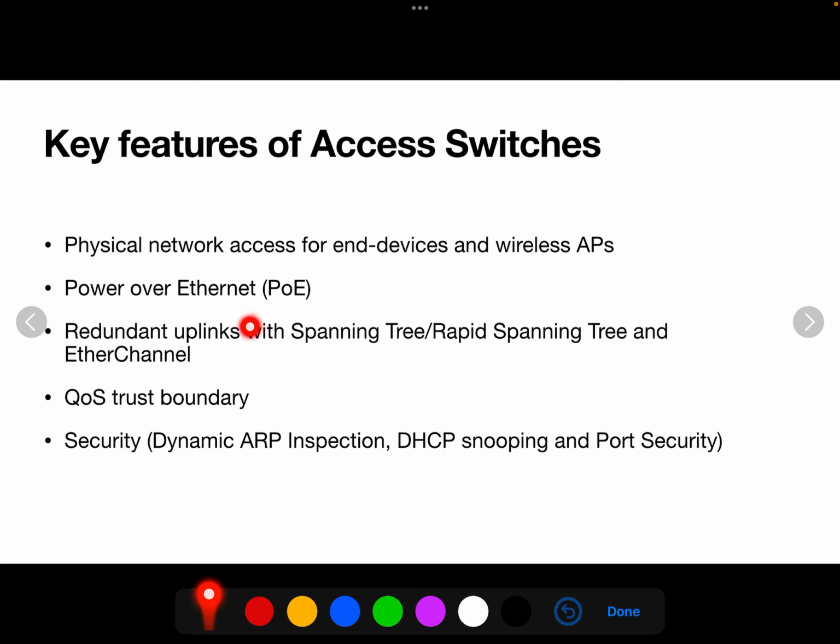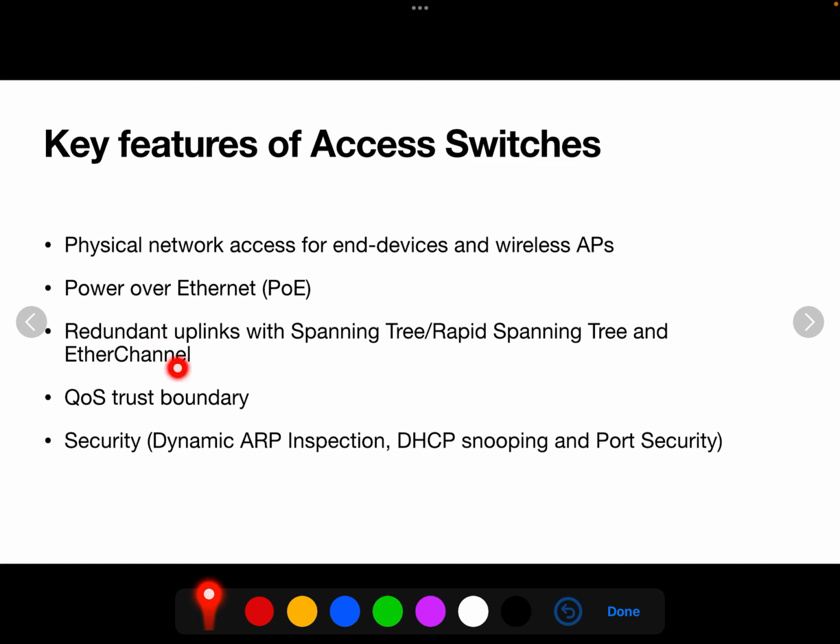So for things like wireless access points and voice over IP phones, you don't need a bulky power supply with the brick and the power cable. There's no need for them when they are power over Ethernet devices. So this is quite a great feature of access switches.